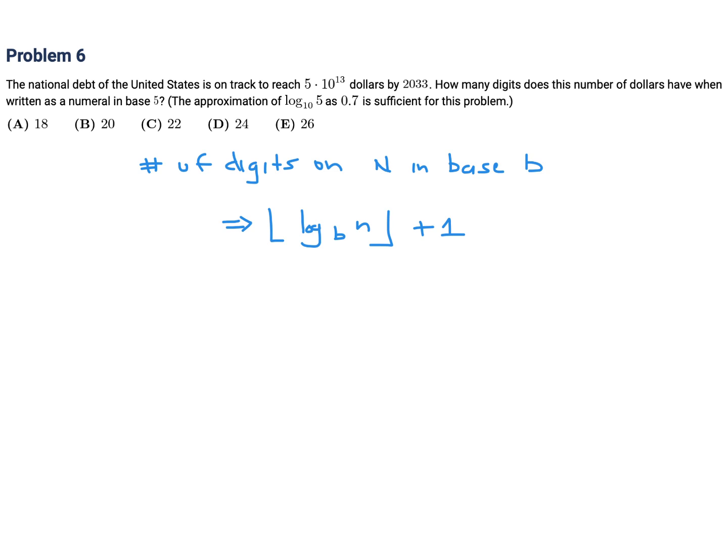So in our case, that would be 5 times 10 to the power of 13. That's that number. And we have to take the log of that to the base b, and b in this case they're saying is 5.